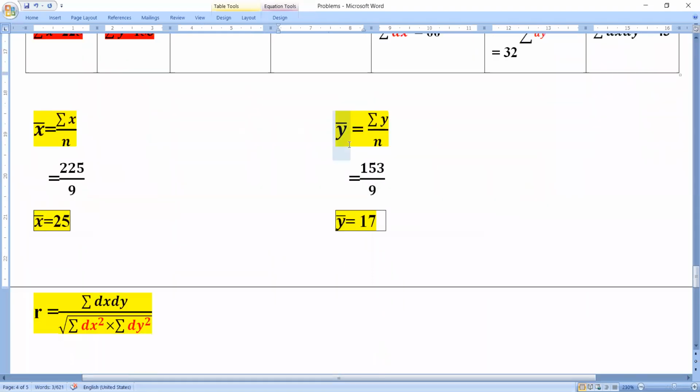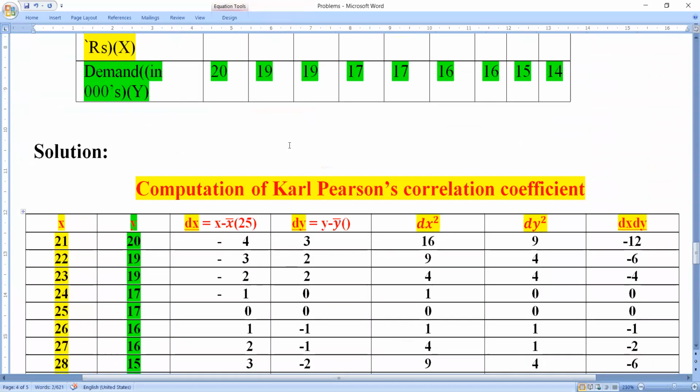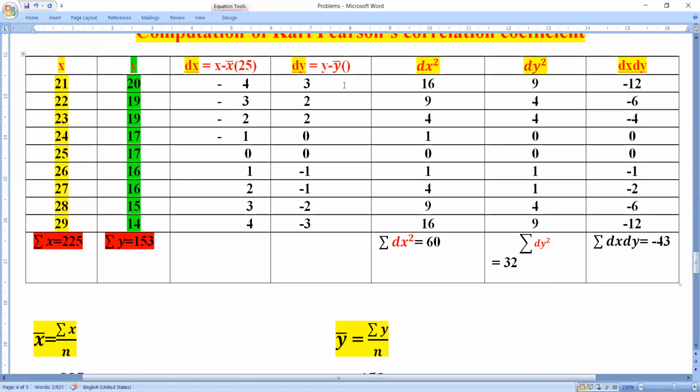What is dy here? What is the Y series mean value? The Y series mean value is 17. Now consider the Y series. 20 minus 17, how much do we get? 3.